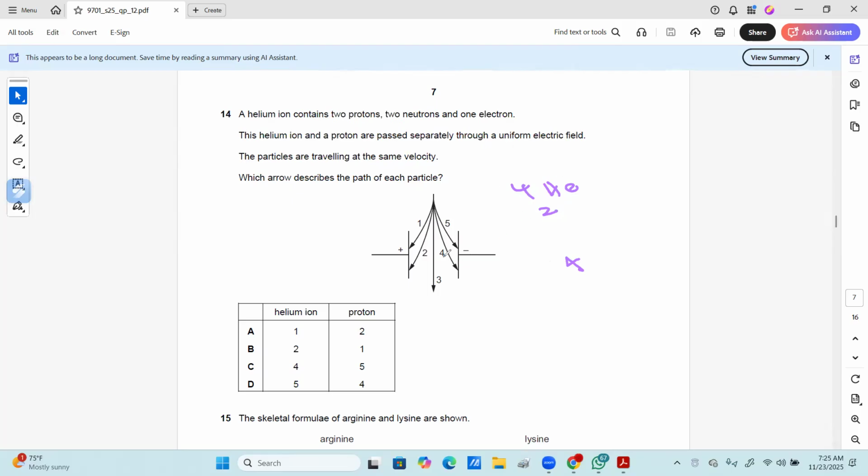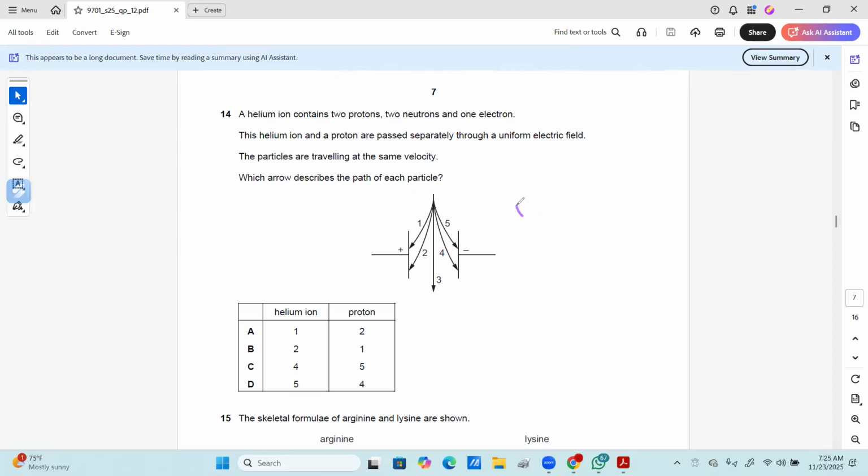Therefore, this one is for protons. Neutrons will take the normal path, and electrons will get attracted to the positive side. For the path of each particle, the helium ion is a positive one.